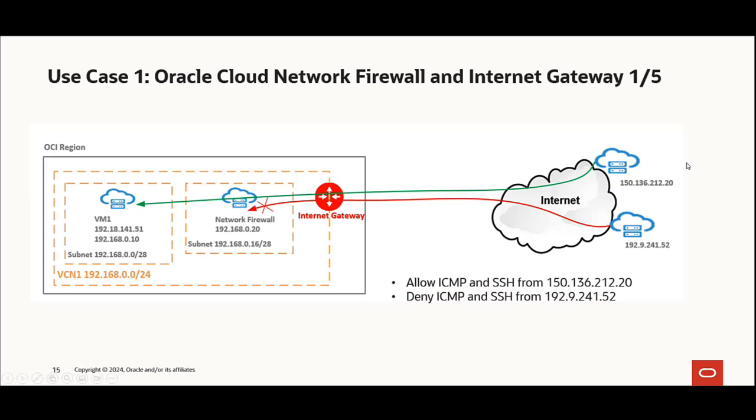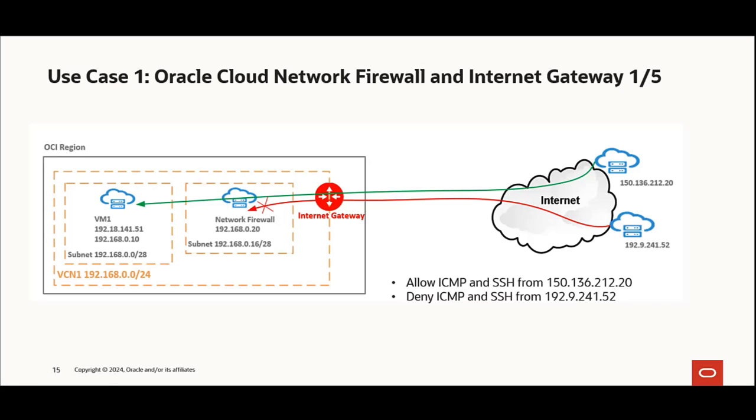Here we have two internet hosts, one starting with 150 and another one starting with 192, right? And I have my virtual machine inside my VCN. Now the request is to insert the network firewall in between, and for 150 to allow the ICMP and SSH session to my 192.18.141.51 and deny the ICMP and SSH from 192, which is located here at the bottom on the right side of the screen.